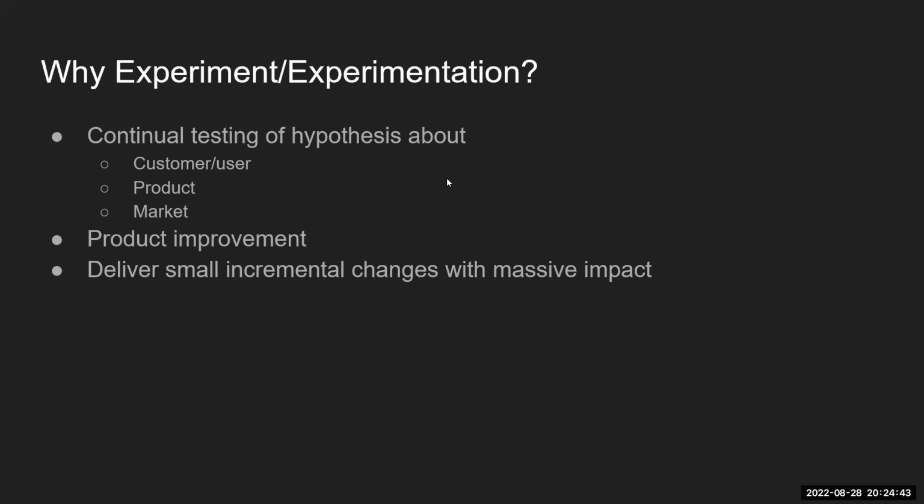A quick summary of why we need experiment would be testing of the hypothesis. We may need it for product improvement, where the product is already existing. Then we may need to deliver small incremental changes with massive impact, which means there are times you cannot just change the whole product. If you want to change just a user flow and you create the new flow and deploy it to every user coming into your funnel, you may mess up the whole product.